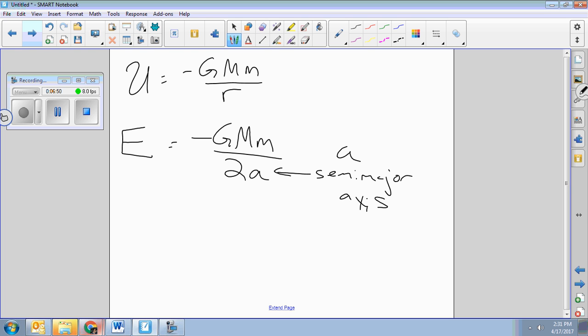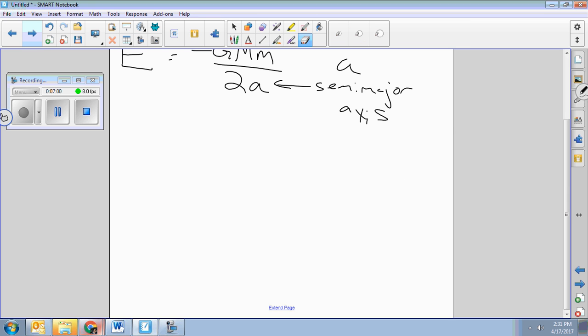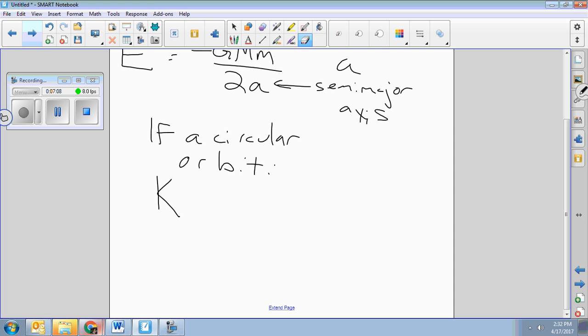The thing I did not do a great job painting, and I think this might be part of the reason you struggled with the extra credit, is the kinetic energy. Only if it's a circular orbit is the kinetic energy equal to negative U over 2, which is G times M.